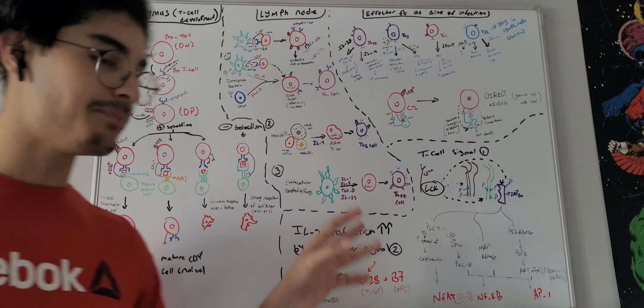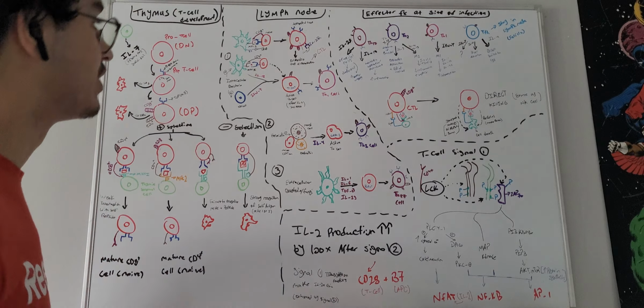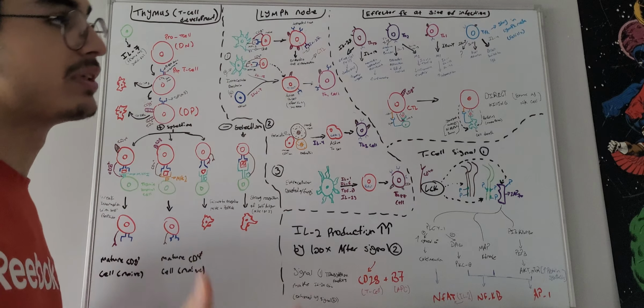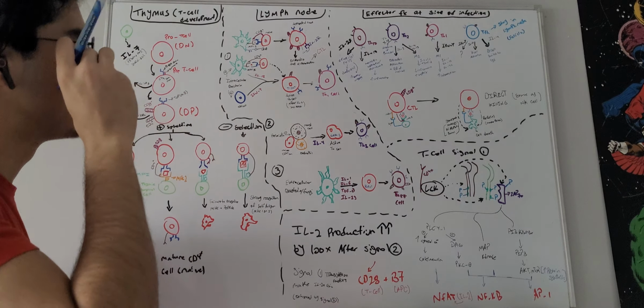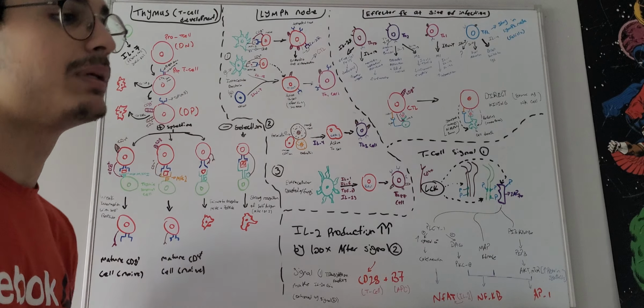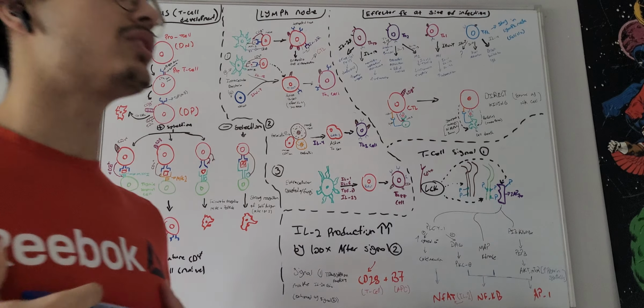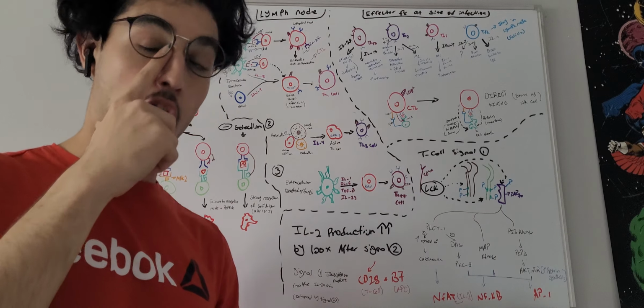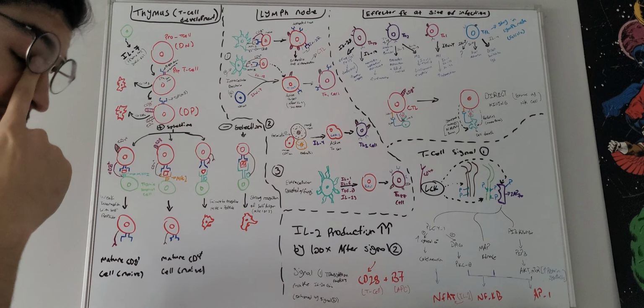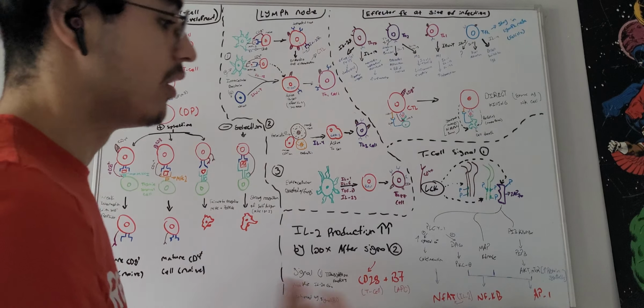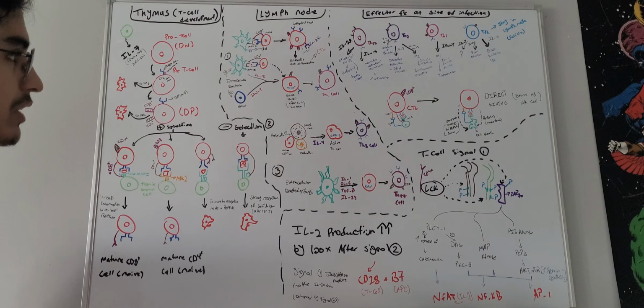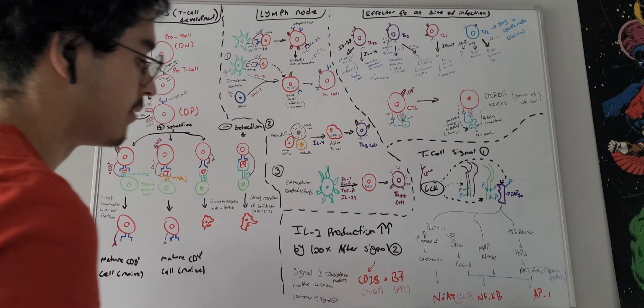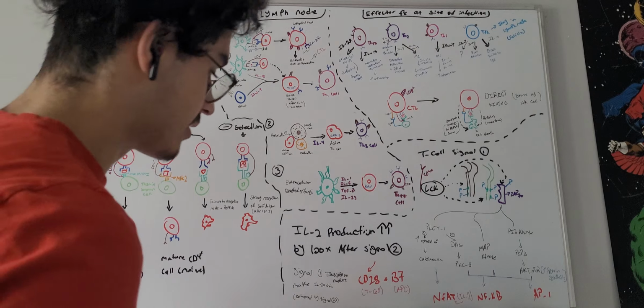Another thing I want you to know is that B7, specifically, there's a reason why dendritic cells always present to naive T cells, is because they have a higher concentration of B7 molecules expressed on their cell surface than other antigen-presenting cells, okay? Like macrophages or B cells, okay? Very important to know that. All right, that's that.